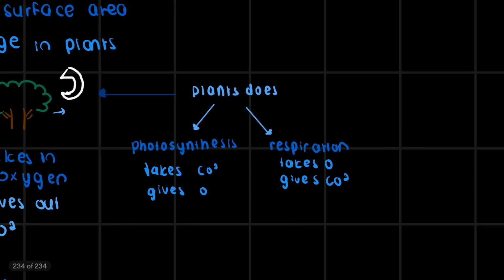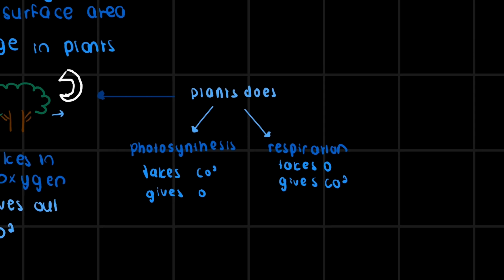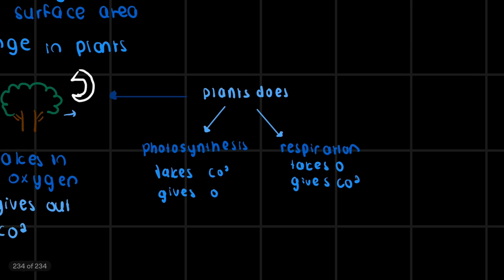Because during the daytime, plants carry out photosynthesis and also respiration, where photosynthesis is a process where plants take in carbon dioxide and then they release oxygen. But respiration is different. Respiration takes in oxygen and gives out carbon dioxide. So therefore, they will take in carbon dioxide and oxygen and give out oxygen and carbon dioxide.